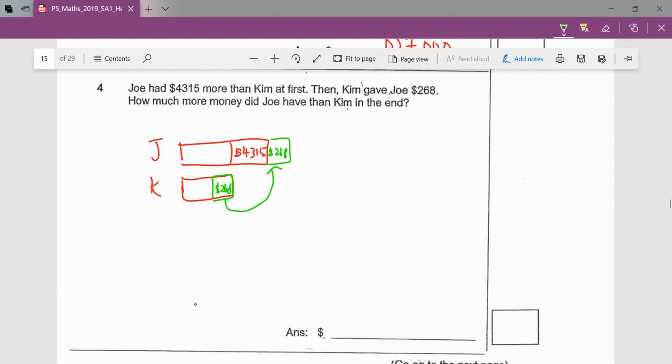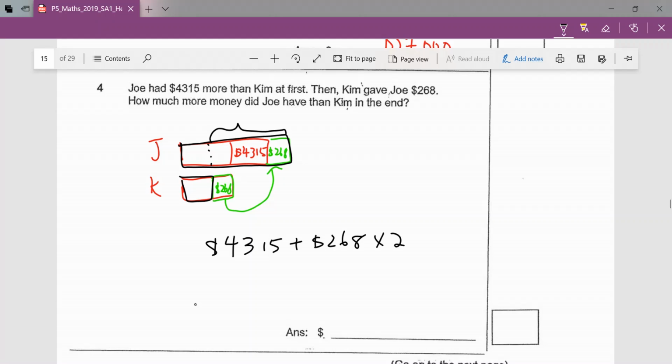So if you see the final thing, it really is just the one in black. This whole thing and this thing left. So they want you to find how much does Joe have more than Kim. So how much is that? It is actually 4315 plus 268 times 2. And the answer would be 4851.